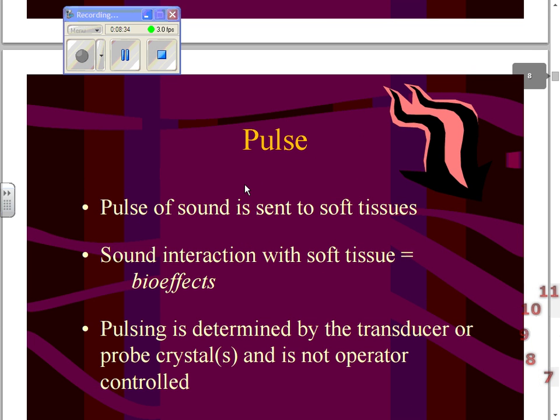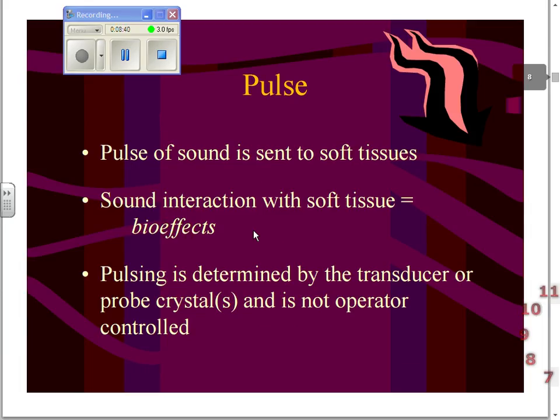Now, what we do is send pulses of sound to the soft tissues, and you get interaction with this. You can get sound interaction with the soft tissue called bioeffects. But the thing that we're looking for is passing the sound waves through the interfaces and getting some reflection and some transmission. And the strength of that reflection and the time it takes to get from the transducer to that boundary and back allows us to make an image of it.